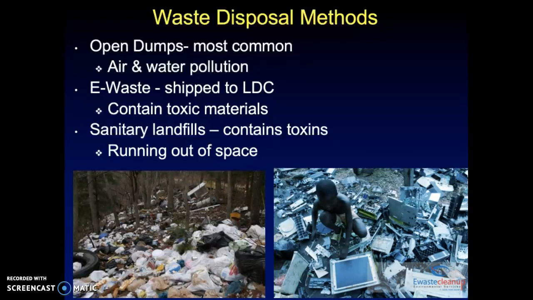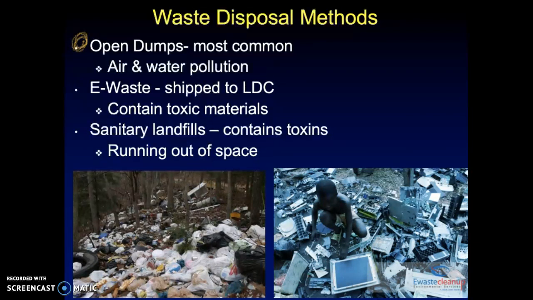One common method in a lot of underdeveloped countries, and sometimes in rural environments in the US, is called the open dump. This is absolutely horrible if you have ever seen them. Open dumps, literally people just start dumping trash on the side of the road. And if somebody did it, well, there's trash there.